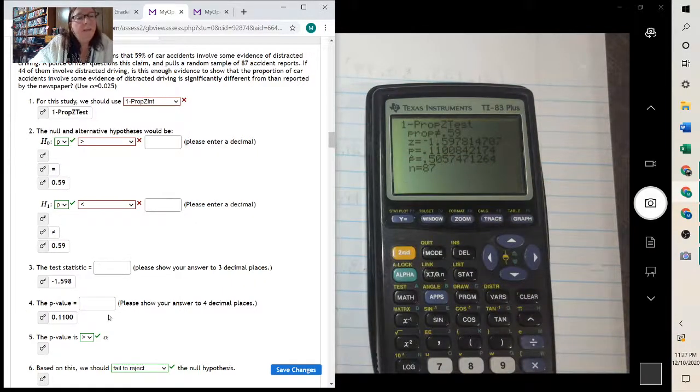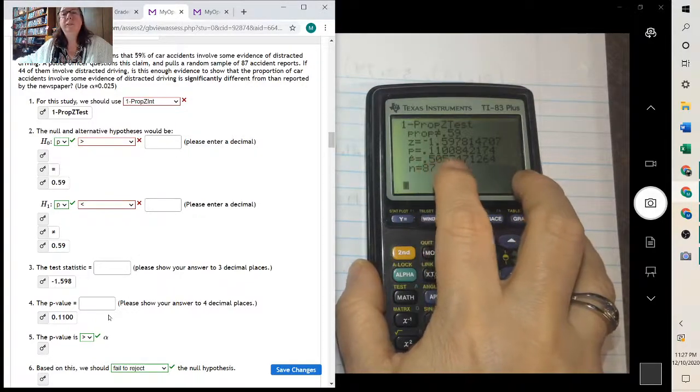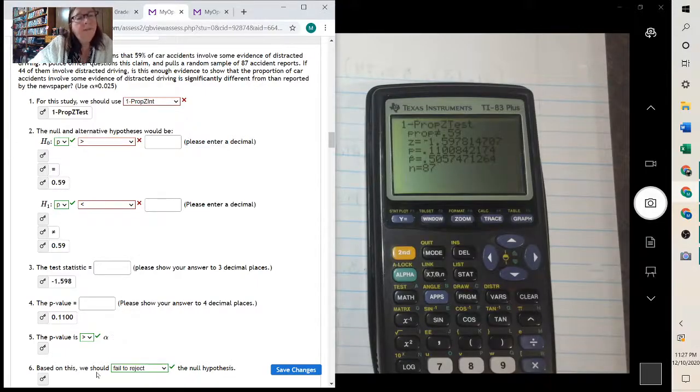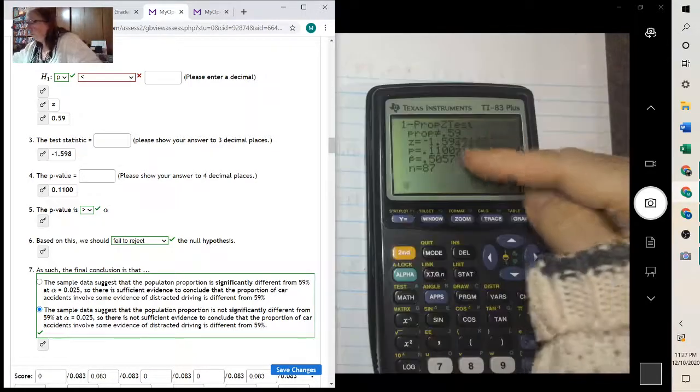It gives you your P value, 0.1101. The p-value was greater than alpha, so we failed to reject it. But you can get all of those from right here.